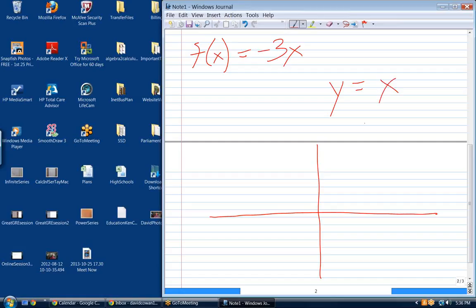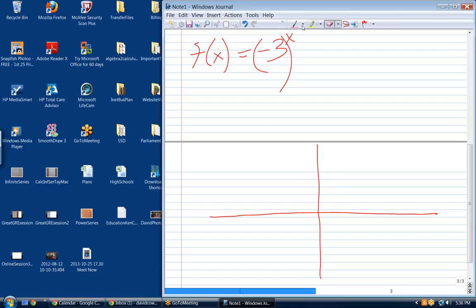It's negative 3 to the power of x. So the standard function is y equals 3 to the x.